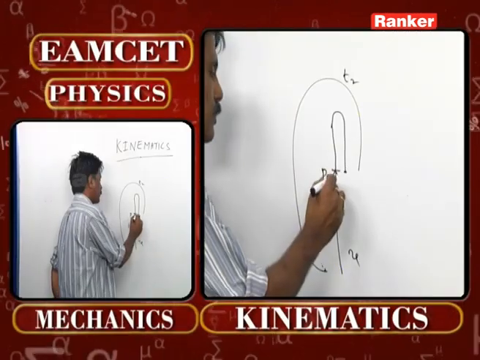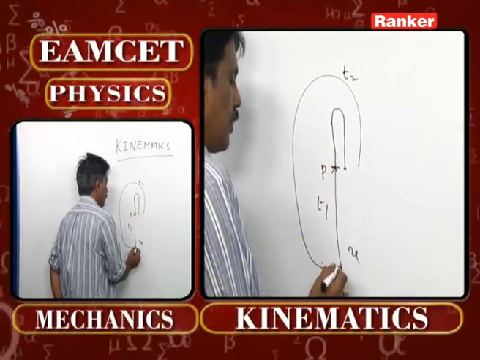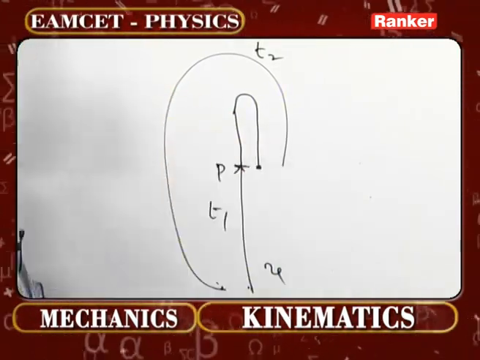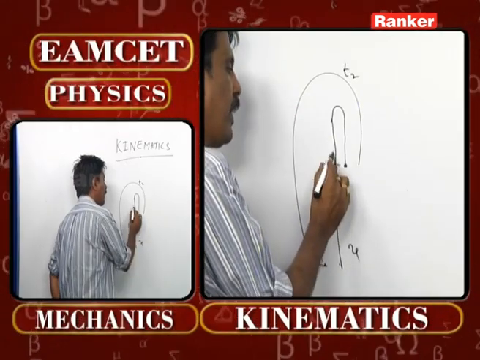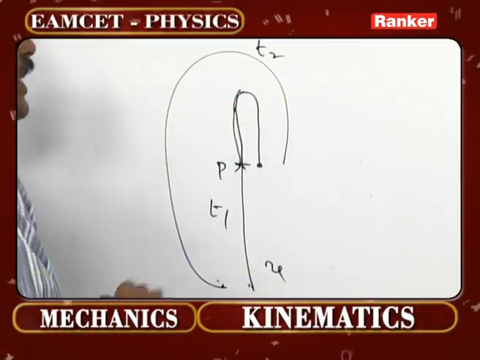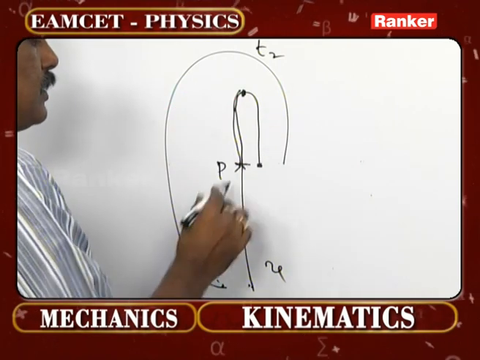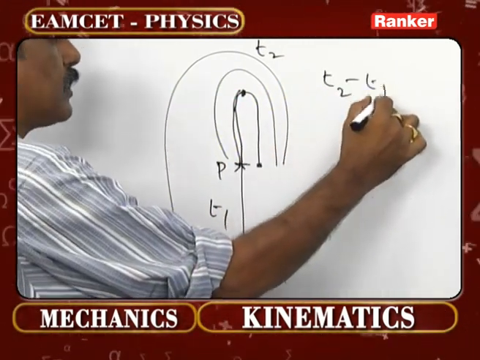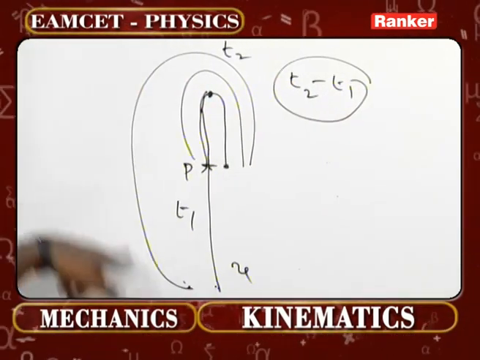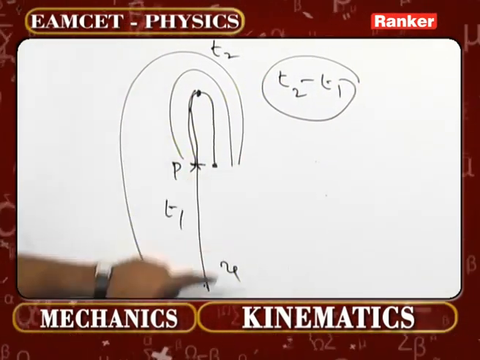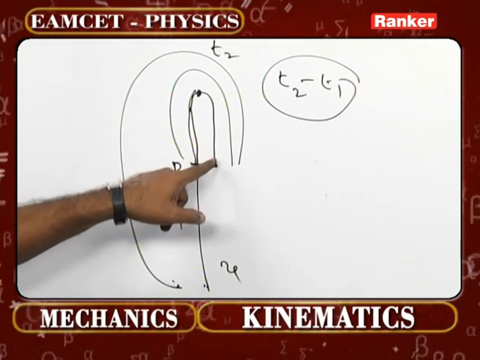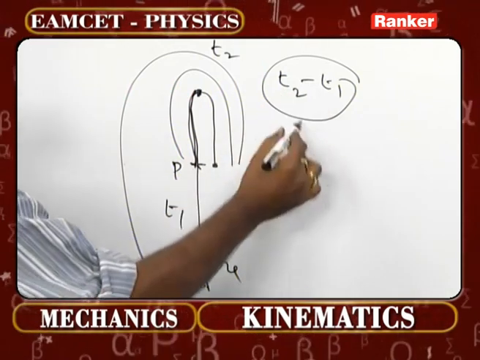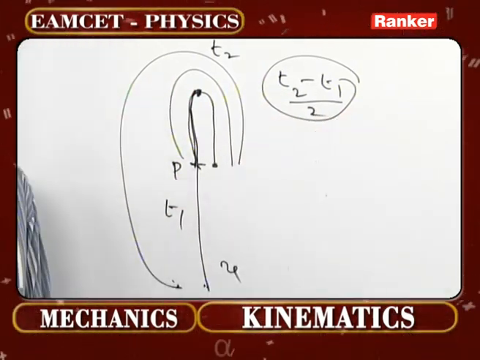Now, from here to here time taken is t1, from here to here time taken is t2. Now, from here to here, what is the time taken? See, this part has a time equal to t2 minus t1, because this total time is t2, this time is t1, and this is half of this, therefore, that would be equal to (t2 minus t1) by 2.